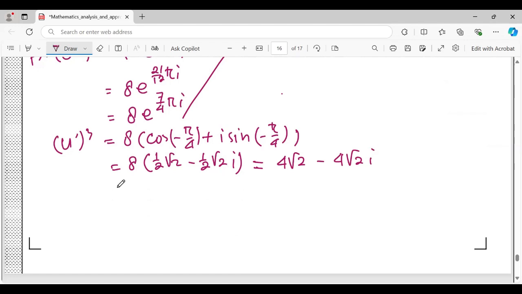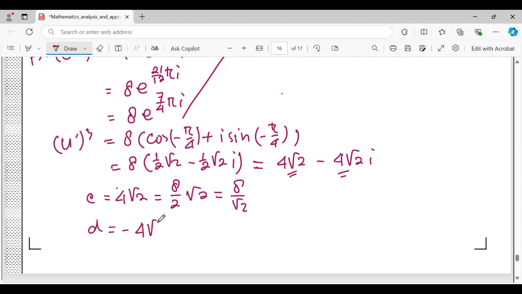Okay, and I will convert it. Oh, this is C, this is D. Okay, C equals 4 square root 2, or 8 over 2 square root 2, or 8 over square root 2. So D equals minus 4 square root 2, or minus 8 over 2 square root 2, or minus 8 over square root 2.